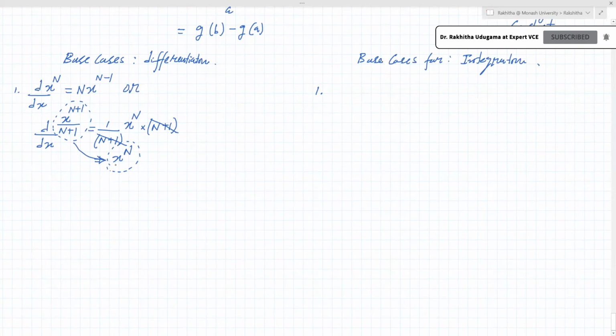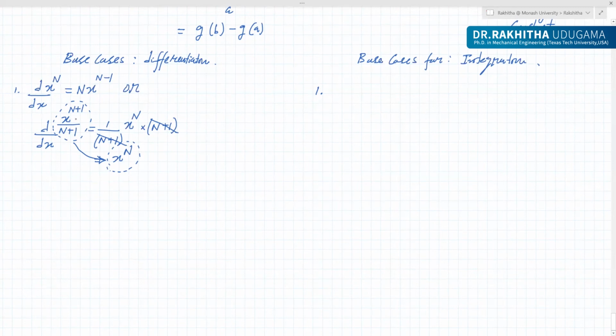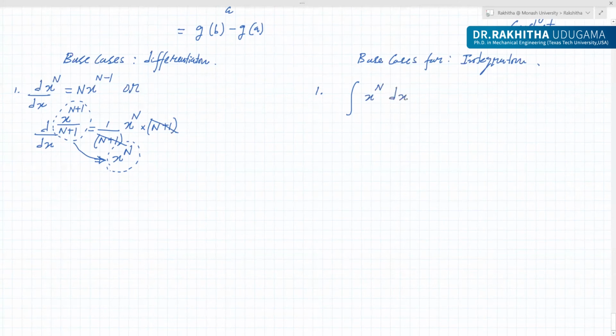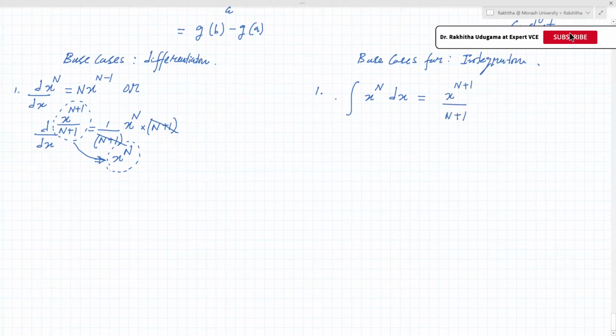Now in integration, you are going to use this as your input and get this as your output. So you integrate the output of this differential operation, that would be x to the power n. If you have that, your answer would be x^(n+1) divided by n+1. I think when you see this one, you understand what I'm saying.